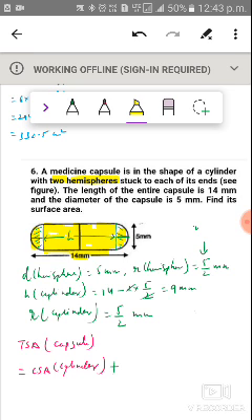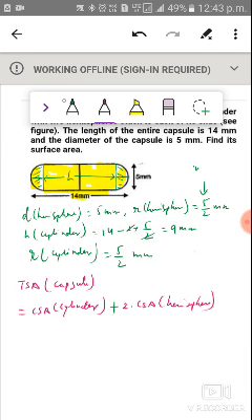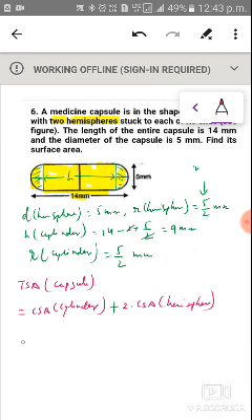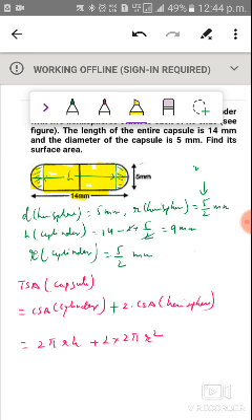So the CSA of both the hemispheres, so we can write plus 2 multiply CSA of hemisphere. Okay, so the CSA of cylinder is 2 pi rh, plus 2 multiply CSA of hemisphere, which is 2 pi r square. As the radius of both the cylinder and the hemisphere is the same, that's why I've taken r, right?